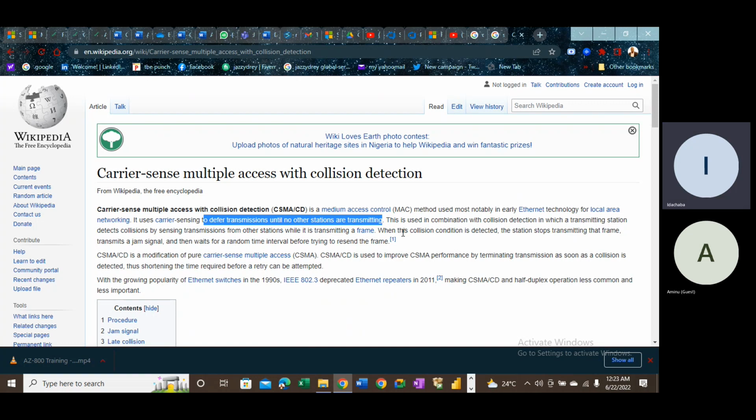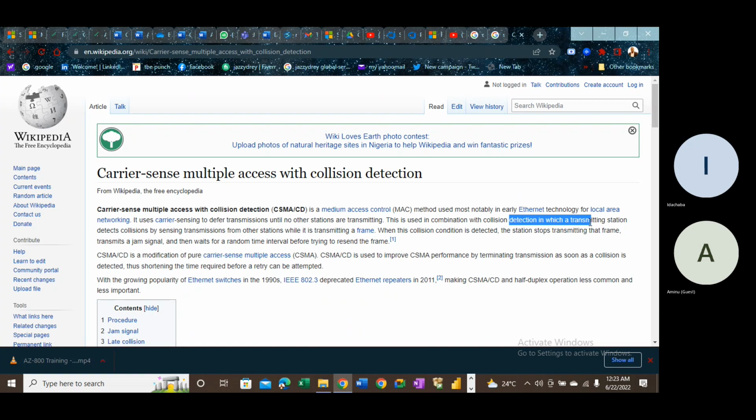This is used in combination with collision detection, in which a transmitting station detects collision by sensing transmission from another station while it is transmitting a frame. When this collision condition is detected, the station stops transmitting that frame, transmits a jam signal, and then waits for a random time interval before trying to resend the frame.